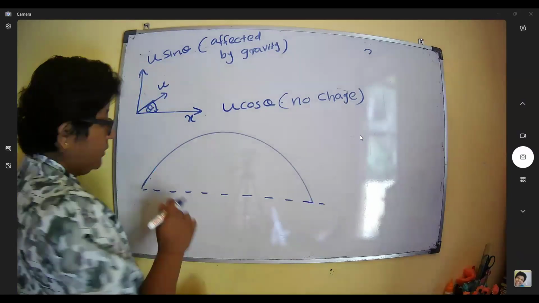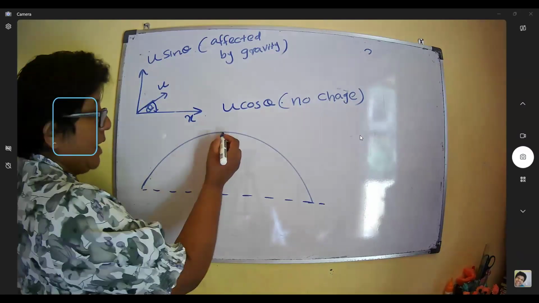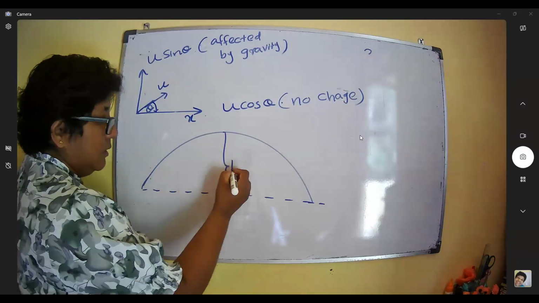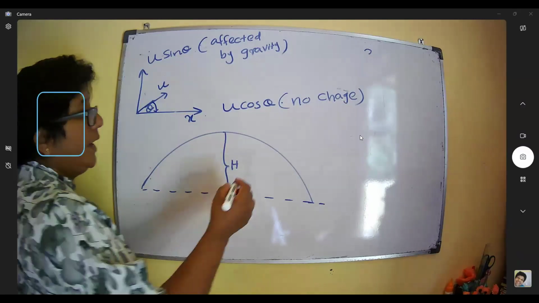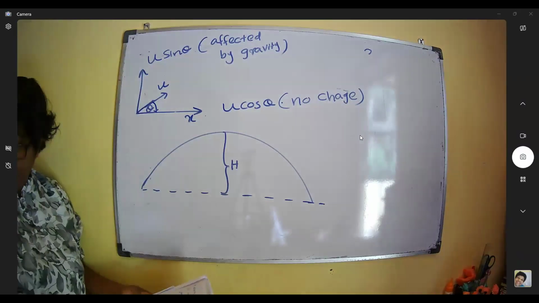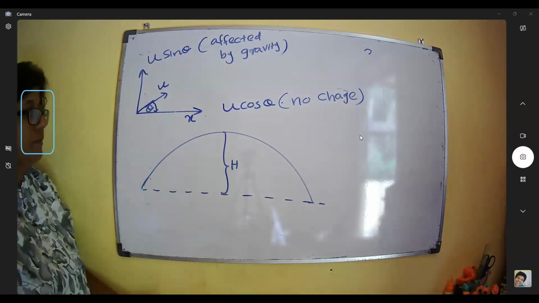Here are some words. First, maximum height, H. We can define it as the highest vertical position reached by the particle, where the vertical velocity is 0 and acceleration is g, right?